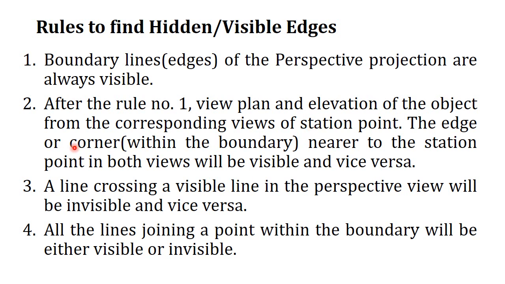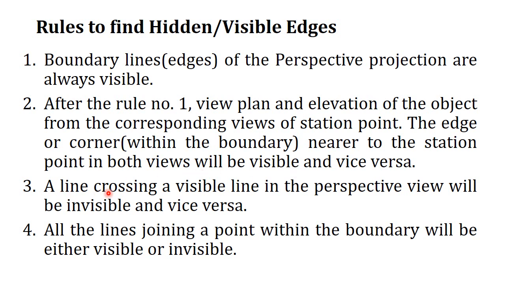An edge or a corner within the boundary of the perspective view nearer to the station point, in both front view and top view, will be visible. In other words, an edge or corner within the boundary farther from the station point in front view and top view will be invisible in the perspective view.